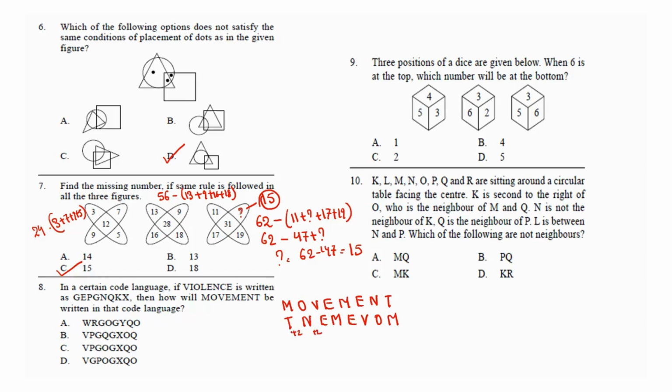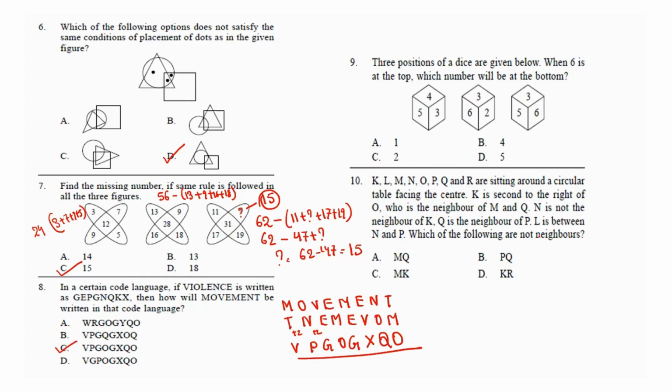So after T +2 is U and V. So V, then P, then this will be G, this will be O, this will be G, this is V, right? This will be X, this will be Q, this is O. So our correct answer is this. So here C is our correct answer, right?